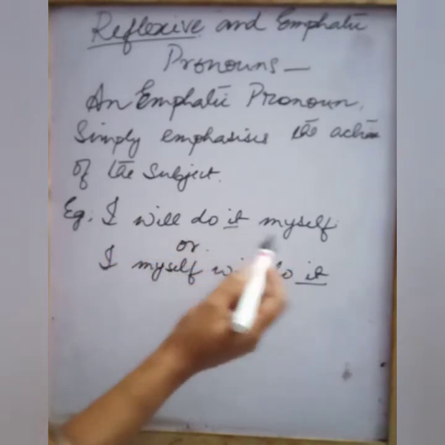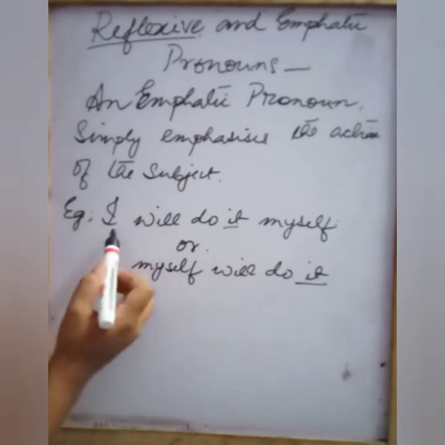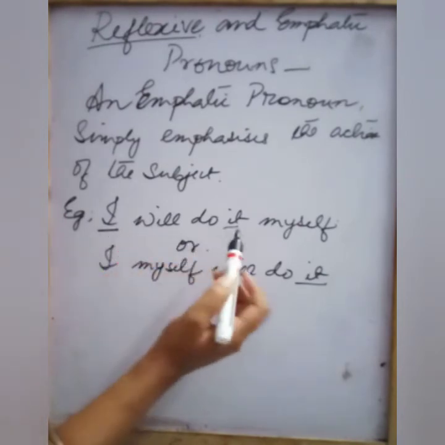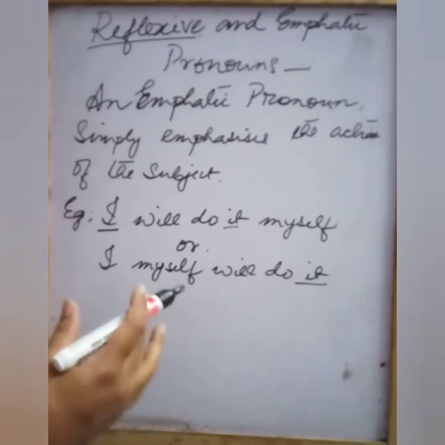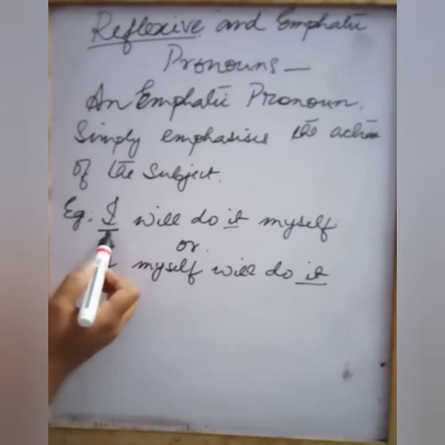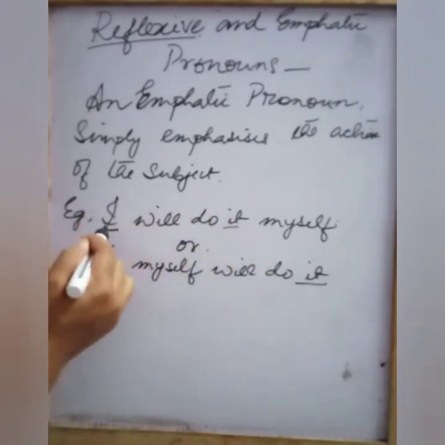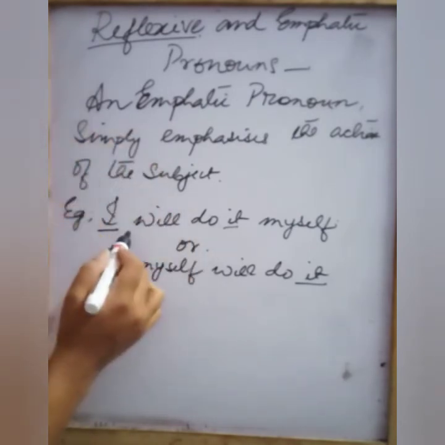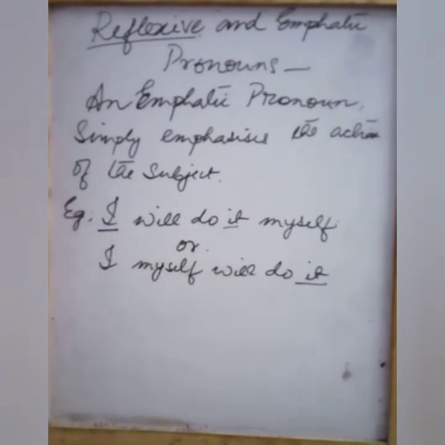I myself will do it, or I will do it myself. Here the action of the subject is being emphasized. It may be anything: I will read the book myself, or I will do the cooking myself, I will do the household chores myself. Here the action of the subject is being emphasized. That action is not impacting the subject. It is not coming back. Whatever he is doing, it is not falling back on the doer. In this sentence the subject and the object are different. Fine. So this is an emphatic pronoun.